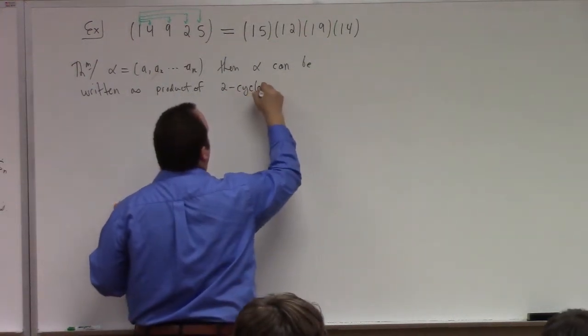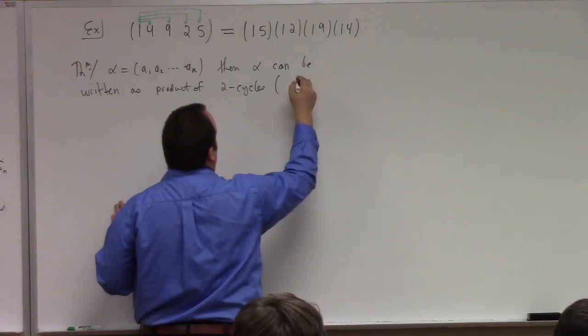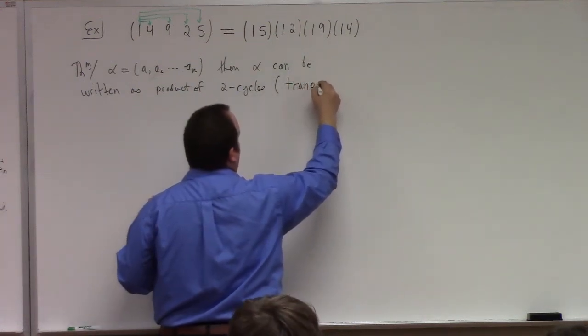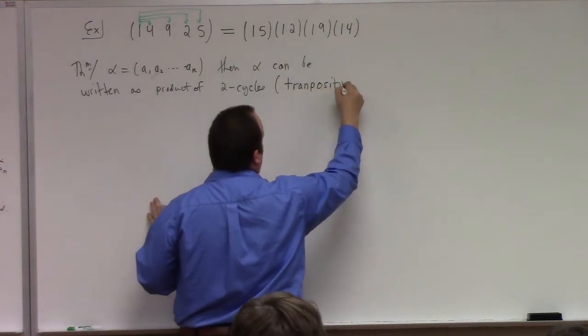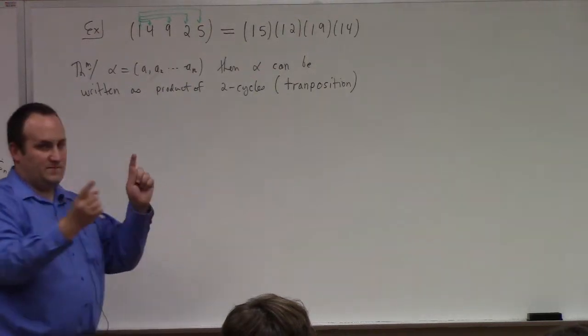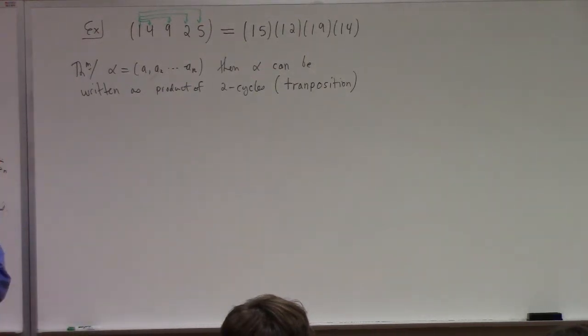See here, cycles. So another thing to call a two-cycle is a transposition. The reason they're called transpositions is because a two-cycle just flips two numbers, right? That's all it does. It transposes them.